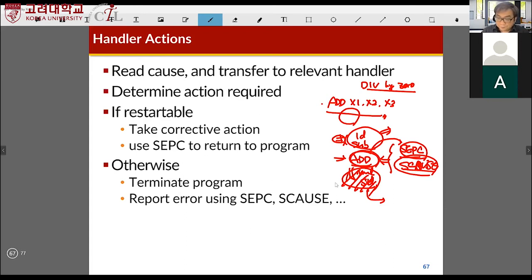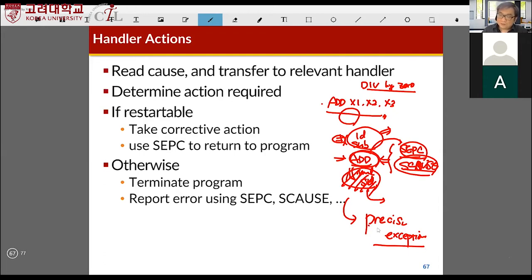And then this kind of exception handling is called the precise exception. You may expect another different kind of exception handling, the imprecise exception.